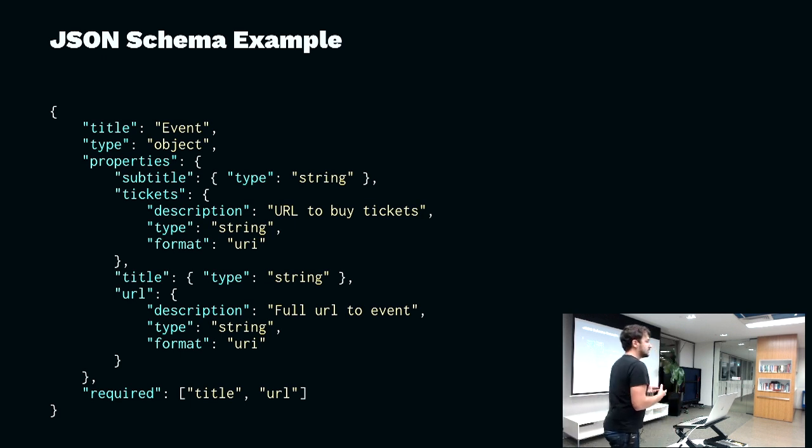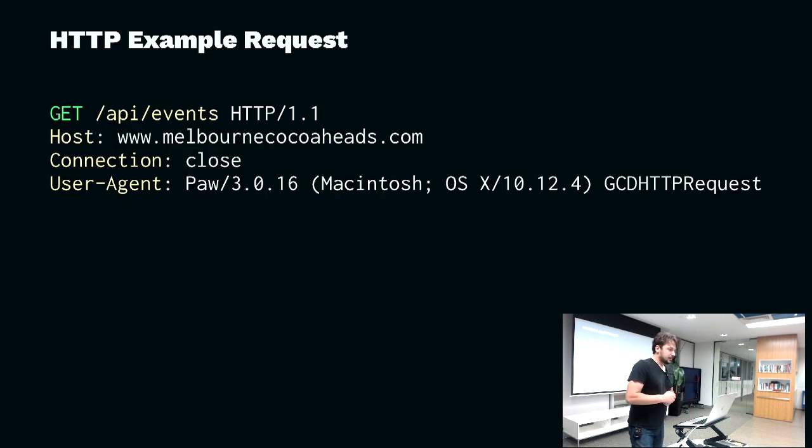The JSON schema spec is pretty easy to follow. It itself is written in JSON. But as I said, Swagger is designed to reason about or define RESTful APIs. RESTful APIs are HTTP based, mostly. I'll assume that they are. So this is an example HTTP request.